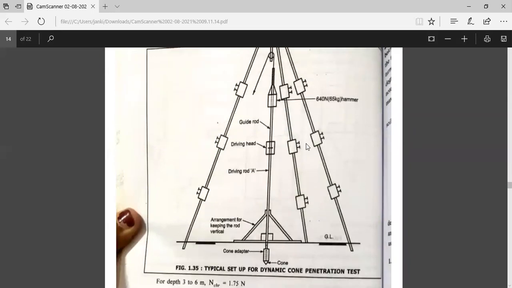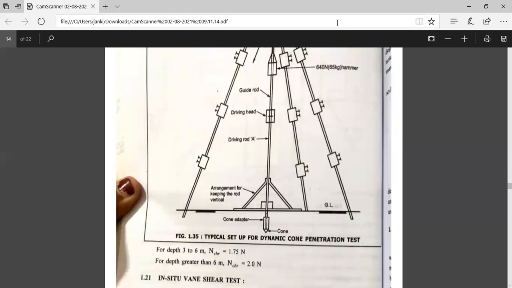This is a typical setup for the dynamic cone penetration test. For depth of 3 to 6 meter, NCBR is equal to 1.75 N. And for depth greater than 6 meter, the NCBR value is equal to 2 N.